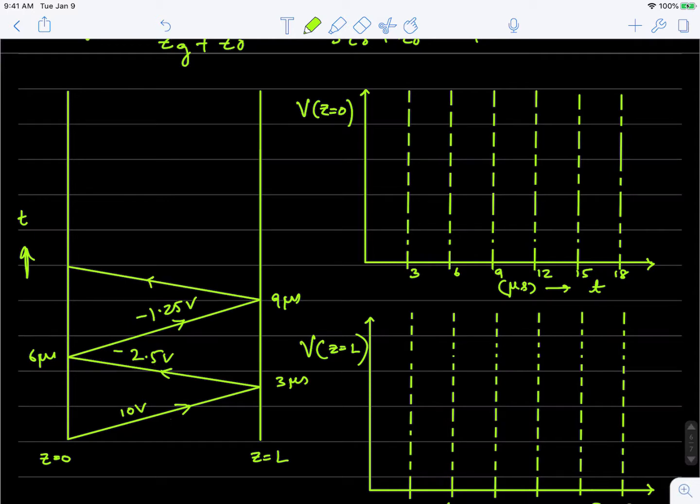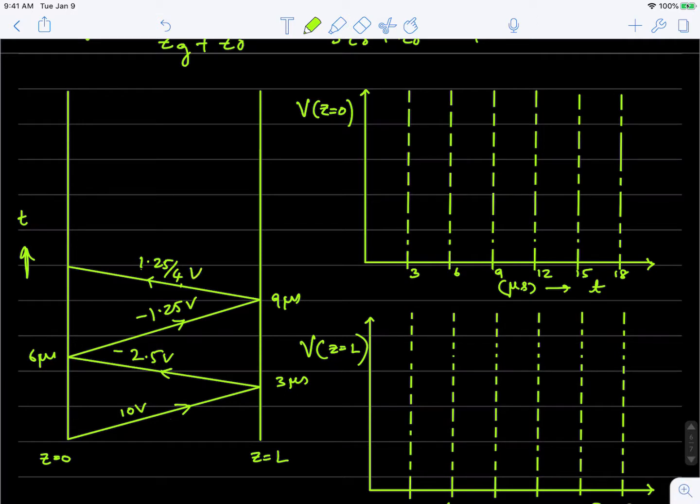So basically it's minus 1.25 into minus 1 by 4, that is going to be 1.25 divided by 4 volts as it goes back.